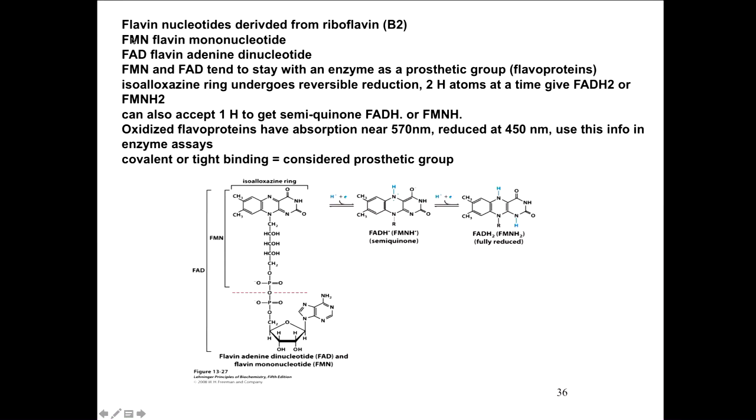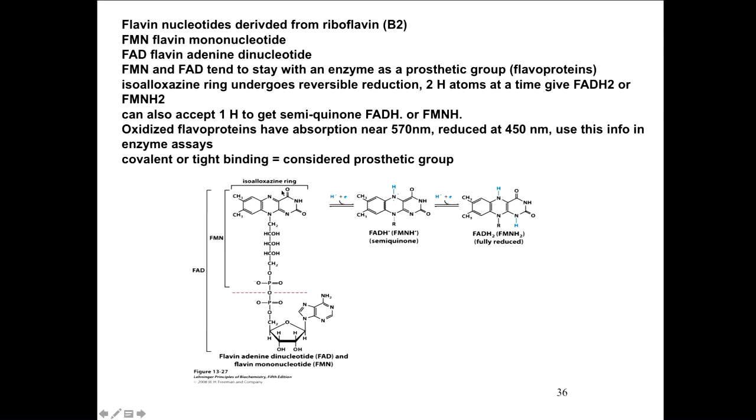So we have FMN, which is the flavin mononucleotide, and FAD, which is the flavin adenine dinucleotide. And again, down here we have one structure that works for both of them. So here, down here again, this is our adenine, ribose, phosphoryl group, phosphoanhydride bond to another phosphoryl group. Okay, so we've seen this before. And then we have this stuff up here.